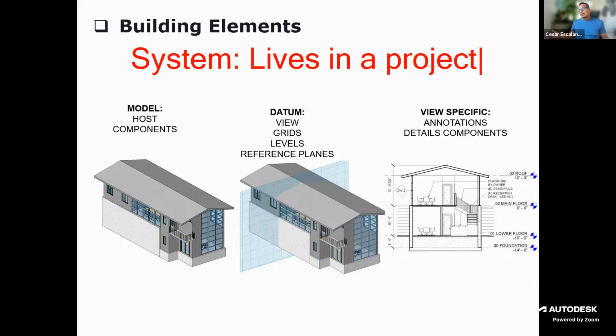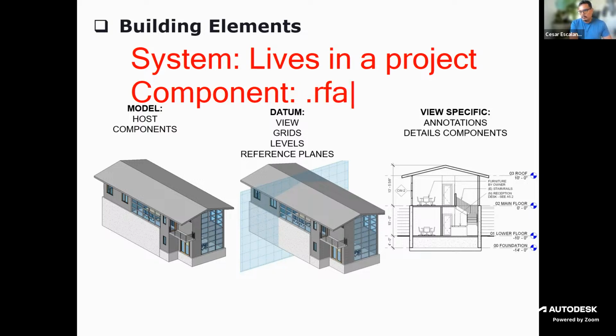Examples of system families are the walls, the roofs, the ceilings, the floors, the slabs, the topography surface. All those are system families. You can copy and paste them between projects, but they cannot be saved as an external file. And then the component families are loadable components. Those are the files with the extension .rfa, the Revit families, and they are loadable.